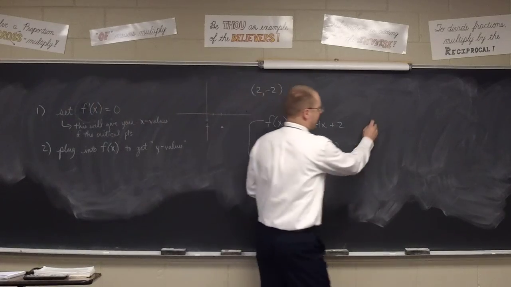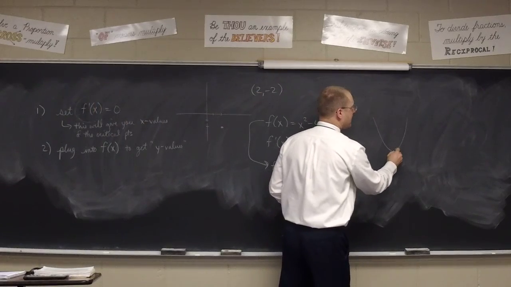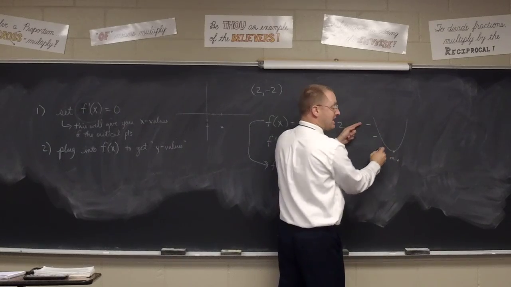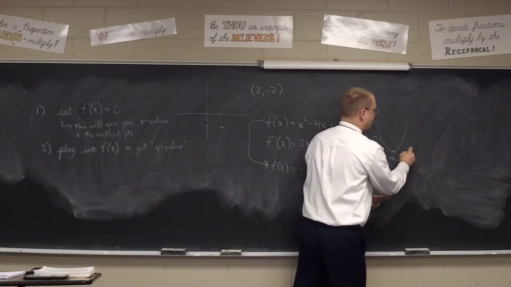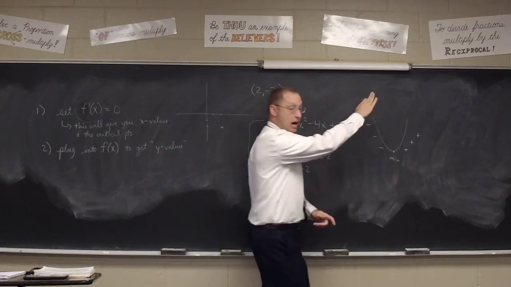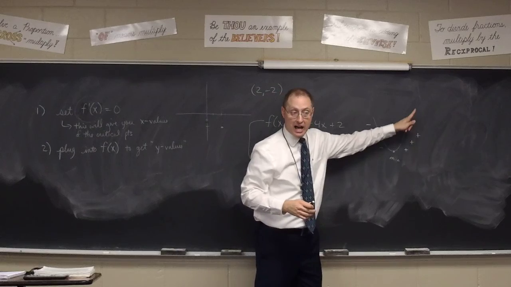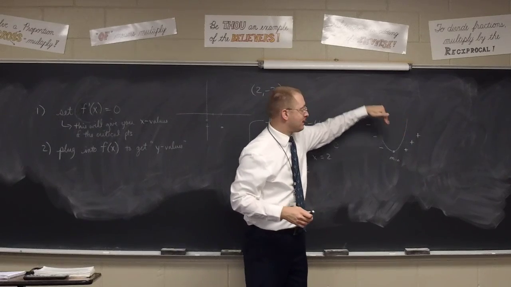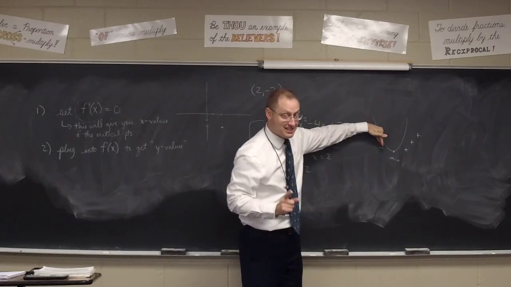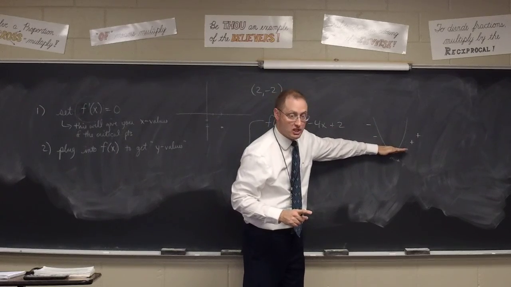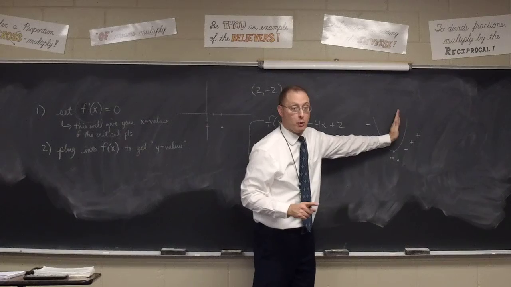Remember, we said if this is a minimum point, you're going to have negative slopes coming in, going down, and you're going to get positive slopes going out. A minimum point trends to be positive. Negative, less negative, less negative, less negative, 0, a little bit positive, more positive, right?